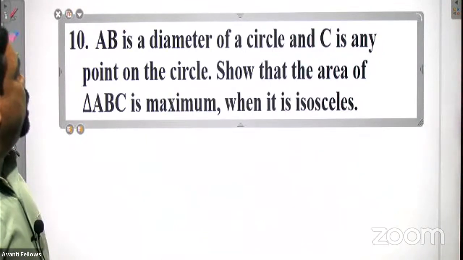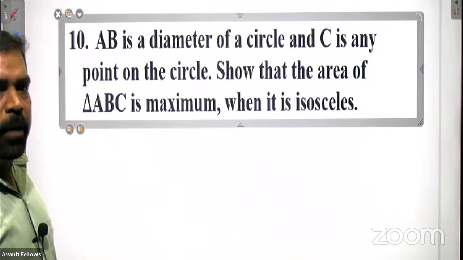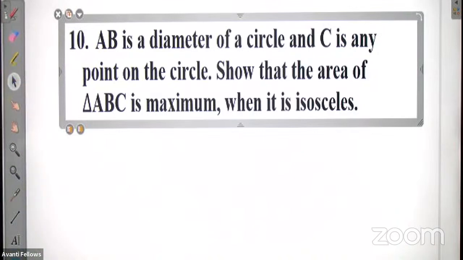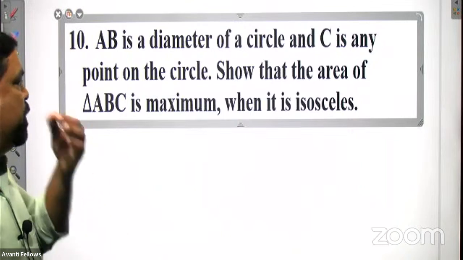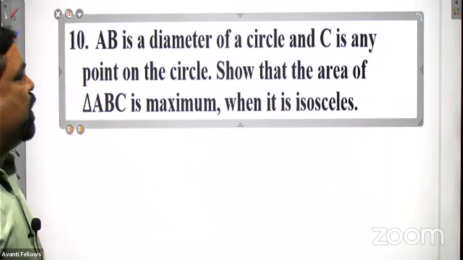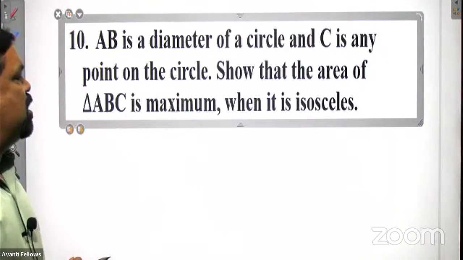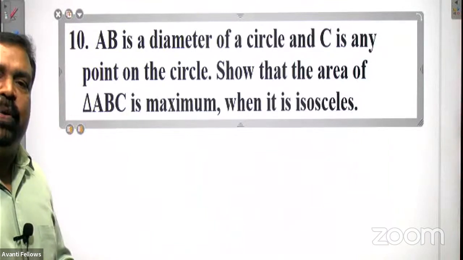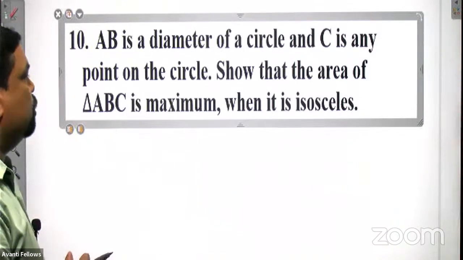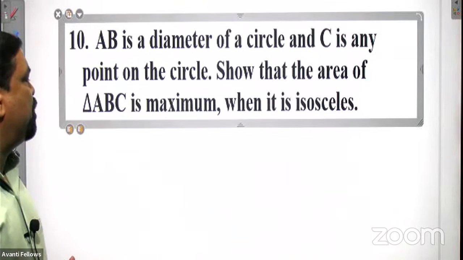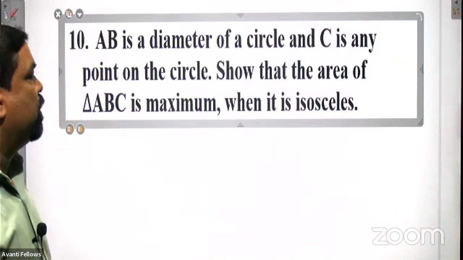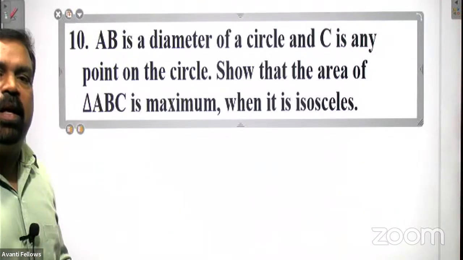AB is a diameter of a circle, and C is any point on the circle. Show that the area of triangle ABC is maximum when it is isosceles.